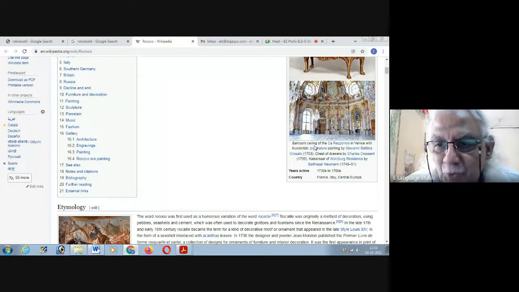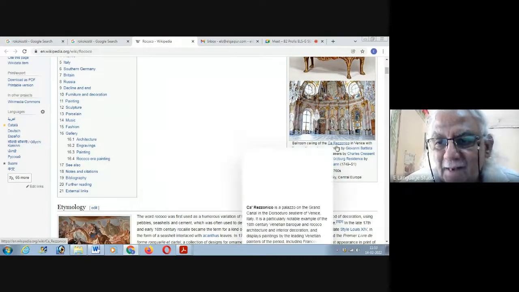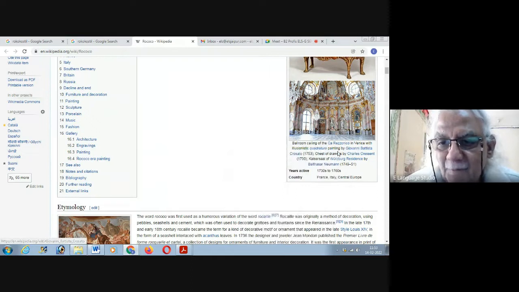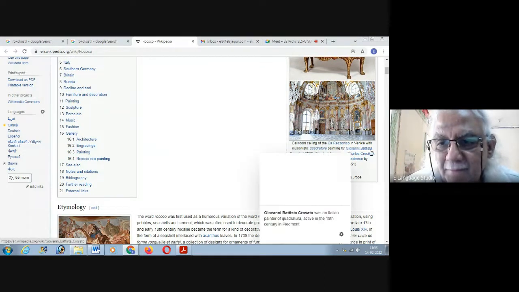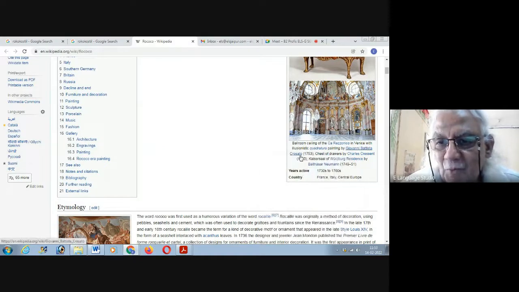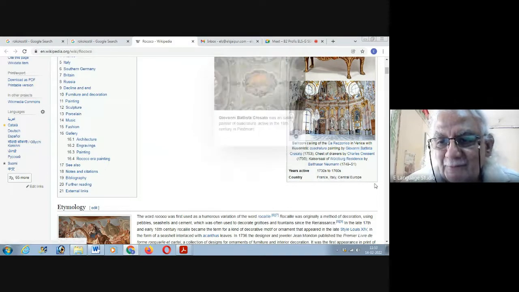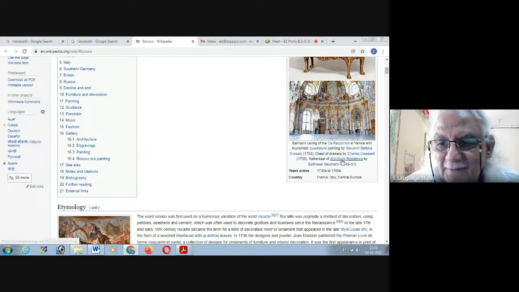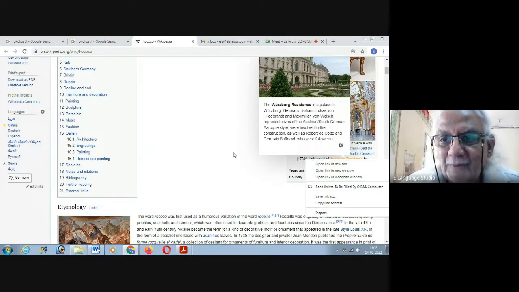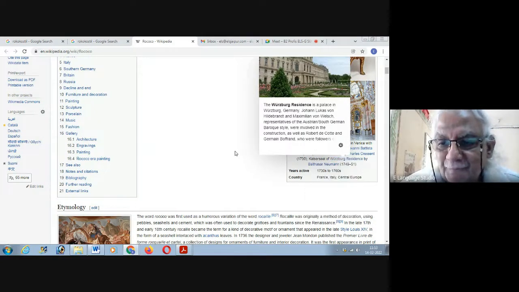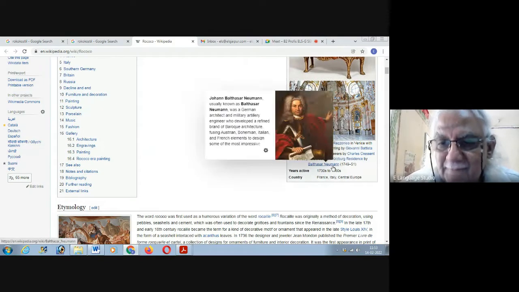This is the ballroom ceiling of the Ca' Rezzonico in Venice with illusionistic quadratura painting by Giovanni Battista Crosato. And this is one more. Oh, it doesn't show here. This is a very famous architect, Balthasar Neumann.